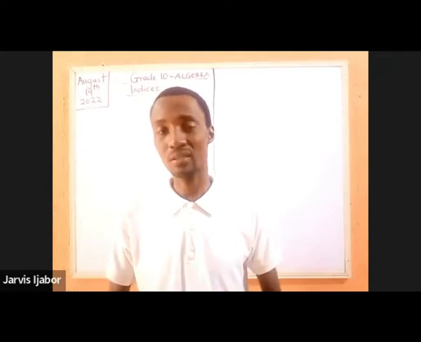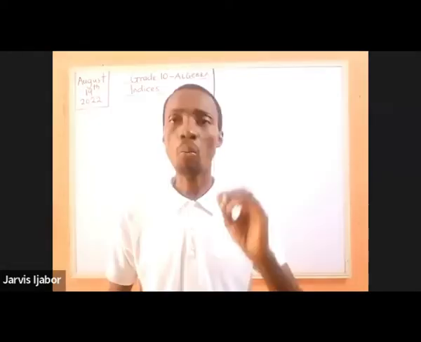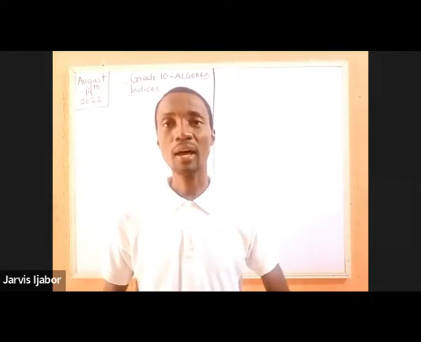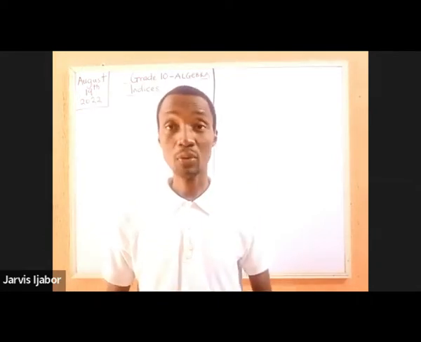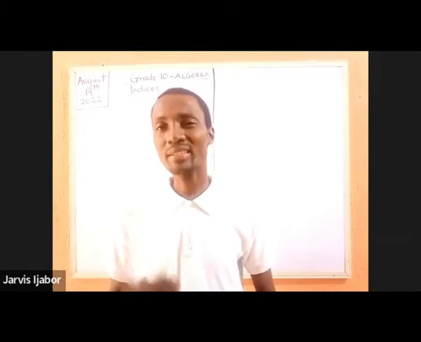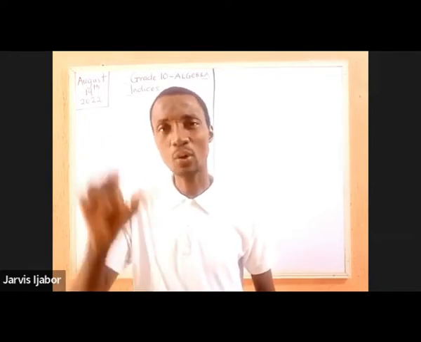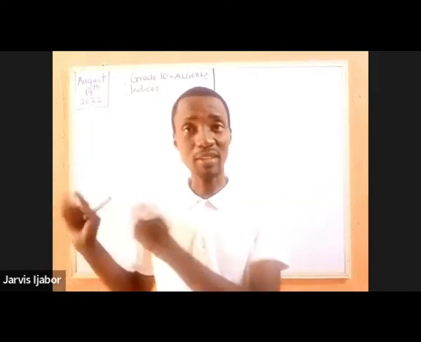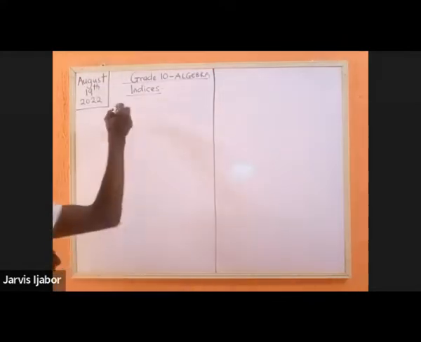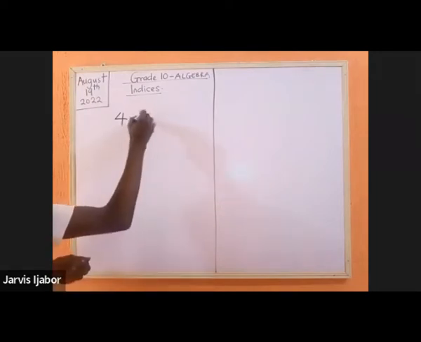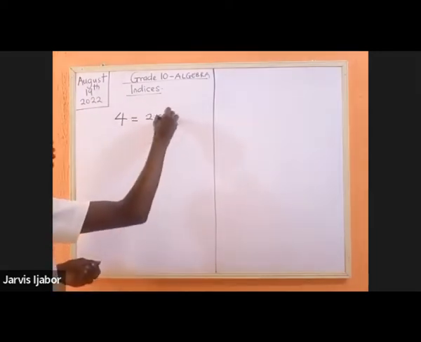So what is indices? Or more importantly, what is an index? Index, singular; indices, plural. An index tells us how many times a base or a number is being multiplied. So let's write on the board and see how that works. If I write 4, for instance, 4 is a number, I can write 4 as 2 times 2.